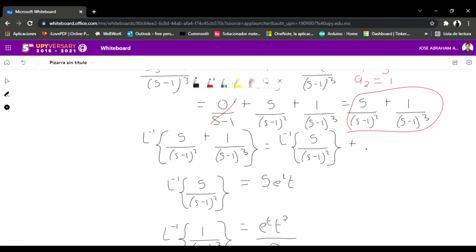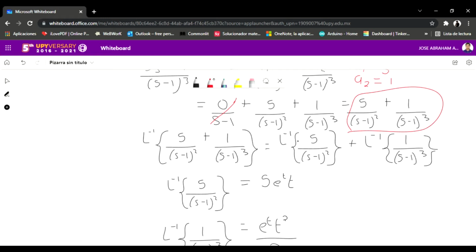Here I forgot to put the inverse Laplace transform of the second term. So wait a minute. Okay, then we can look for the inverse Laplace transform of each term.